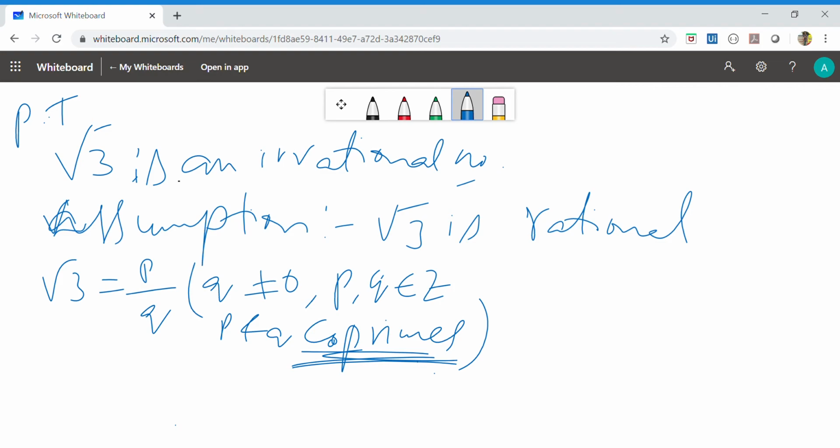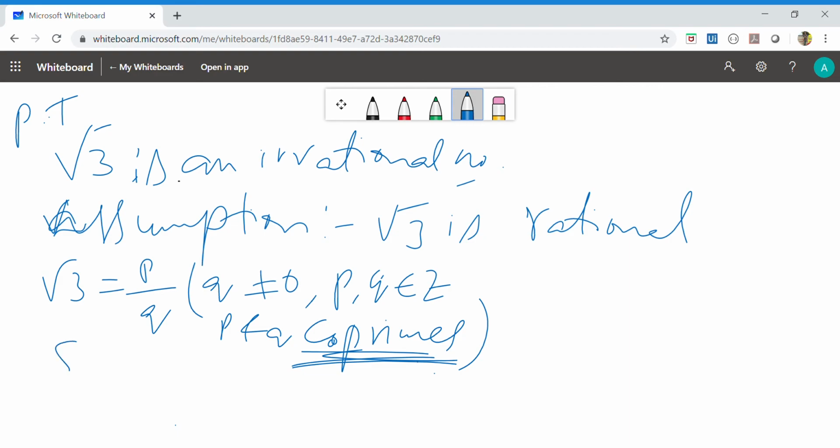Co-primes are numbers which have only 1 as a common factor, and no other common factor other than 1. You have to remember that. I will bring in the false statement against the definition of co-primes in this proof. So root 3 is equal to P by Q.